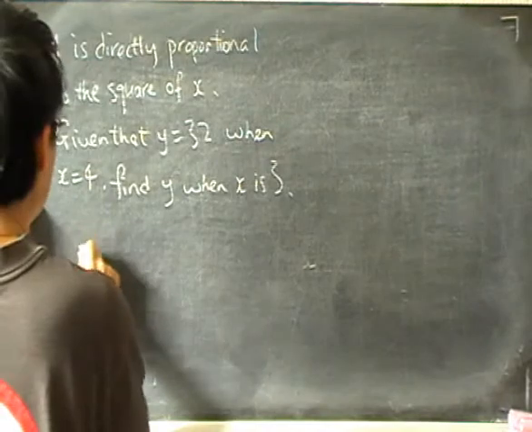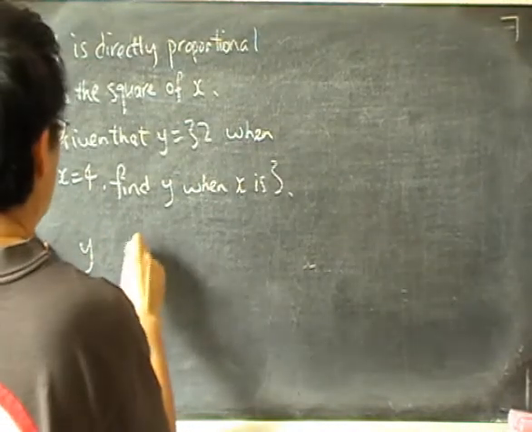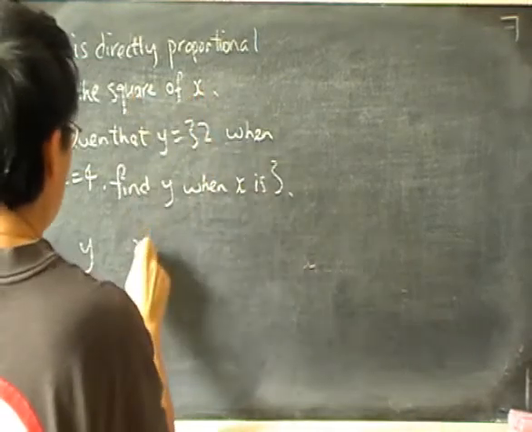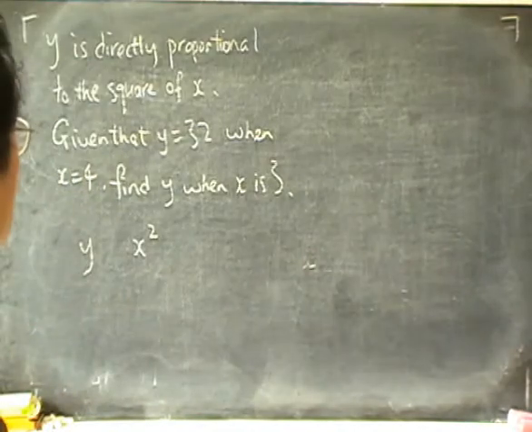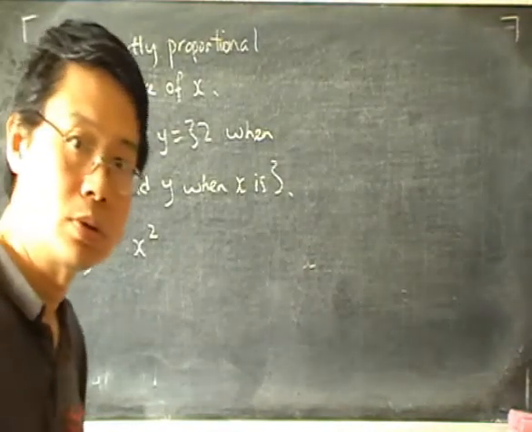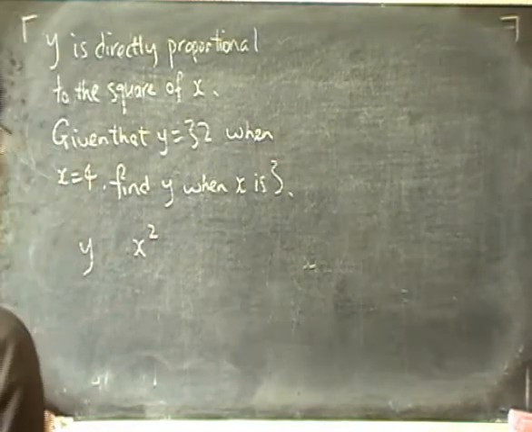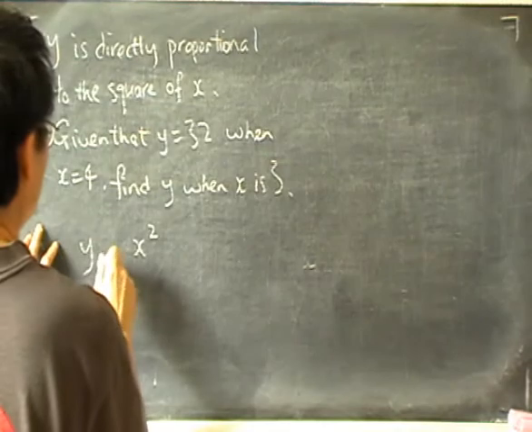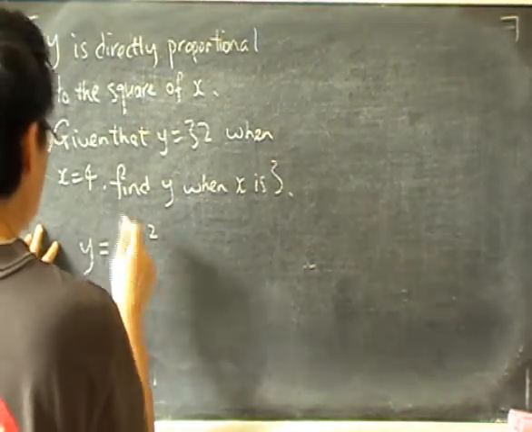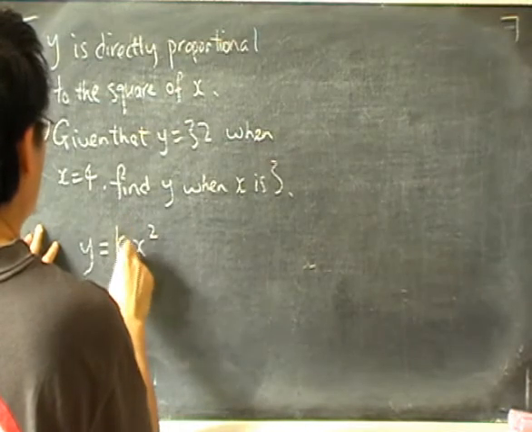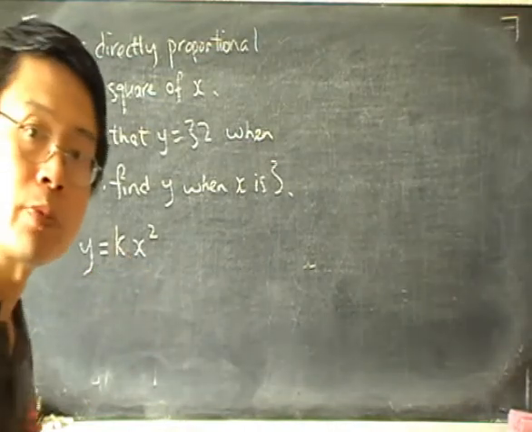So we have y and we have the square of x, which is x squared. So if y is directly proportional to x squared, it means that y must be equal to x squared times a constant given by k.